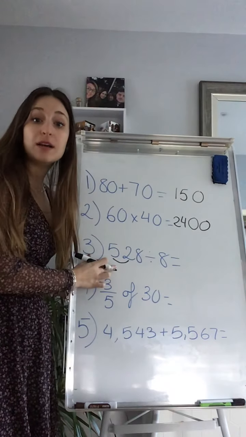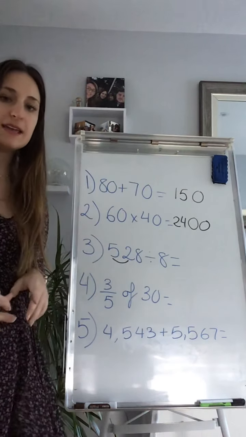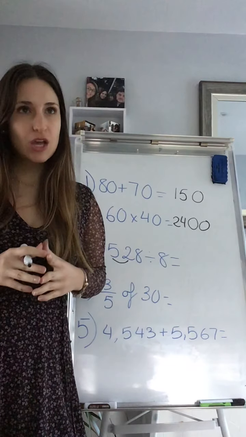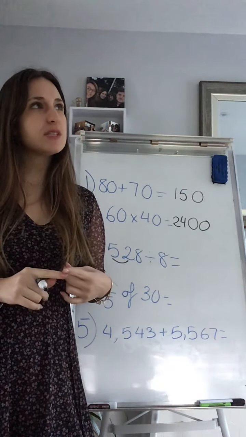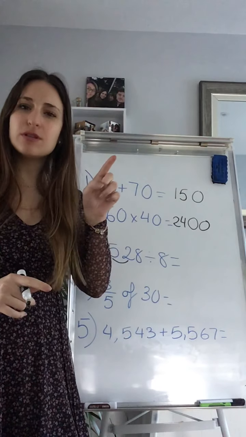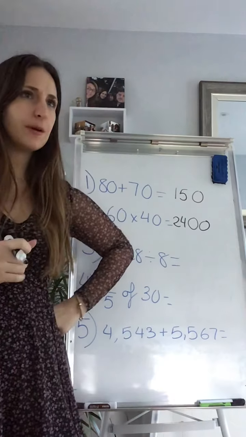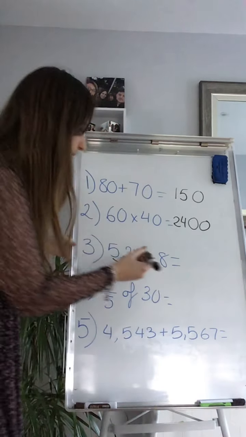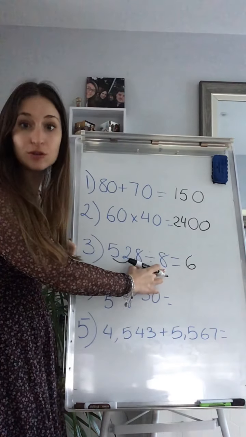So if I cannot divide 5, I can divide 52. 52 divided by 8. 52 is not on my 8 timetable. So what number on my 8 timetable is closer to 52 and does not go over it? What is my previous number? 48.